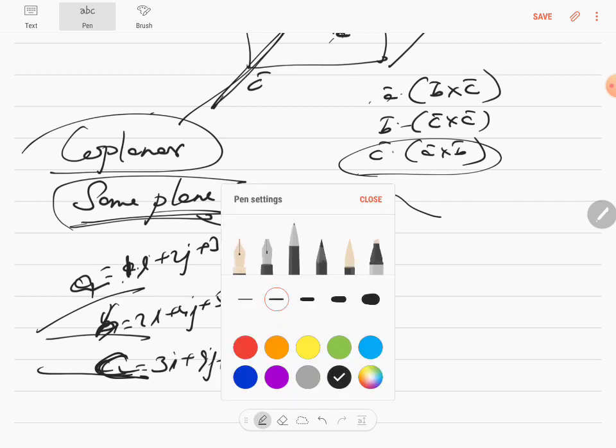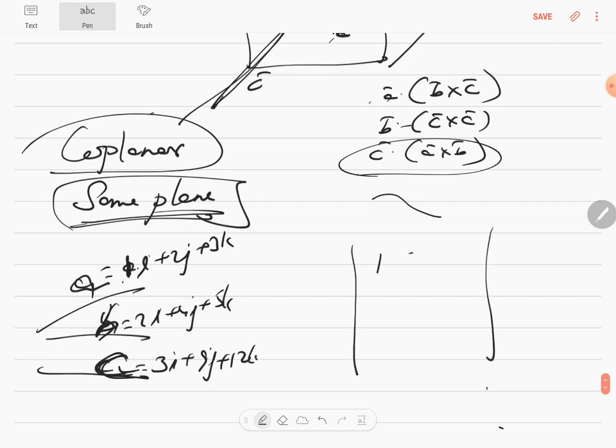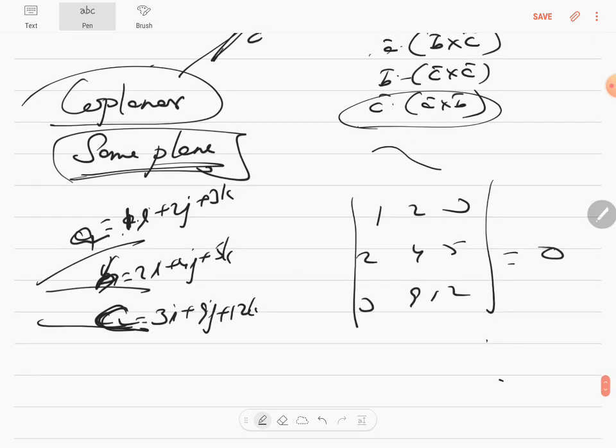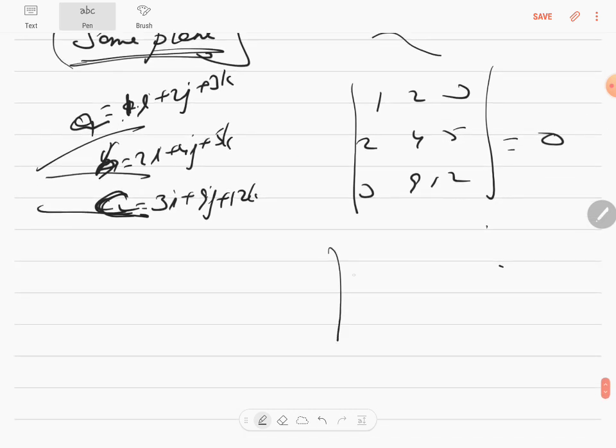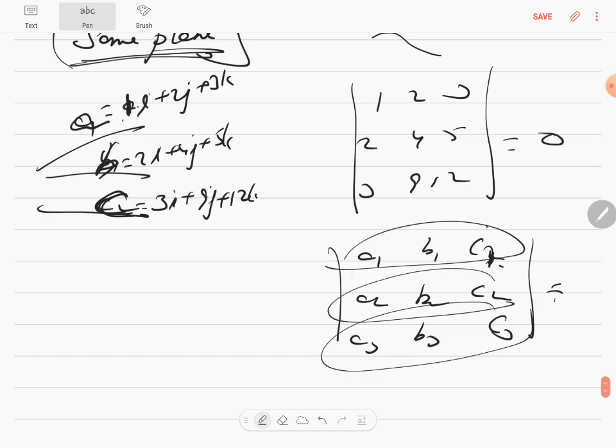So the condition for coplanar is simply the determinant of 1, 2, 3; 2, 4, 5; 3, 9, 12 equal to 0. Or in other words, the determinant of A1, B1, C1; A2, B2, C2; A3, B3, C3 will always be equal to 0 if they are coplanar.